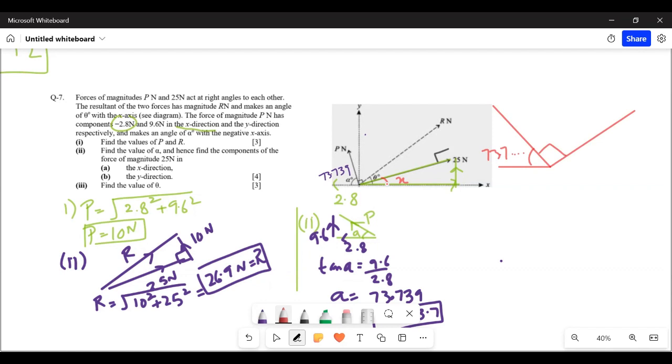In fact, the right-angle triangle ends just before x.